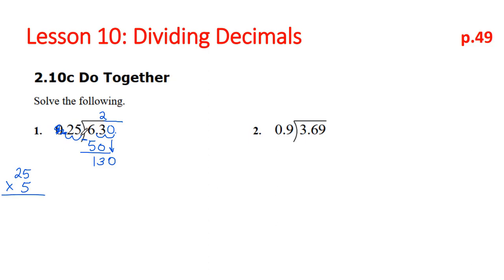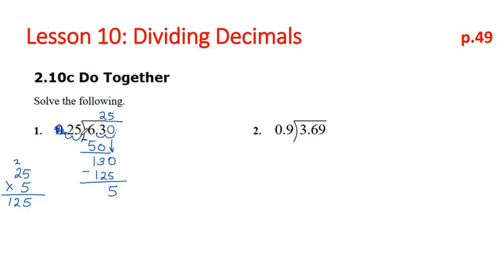So I'm going to multiply by 5 and see where I end up. 5 times 5 is 25. And 5 times 2 is 10, plus 2 is 12. So 125 if I choose a 5. 5 times 25 is 125, so I did my scratch work, and I subtract. 130 minus 125 is 5.